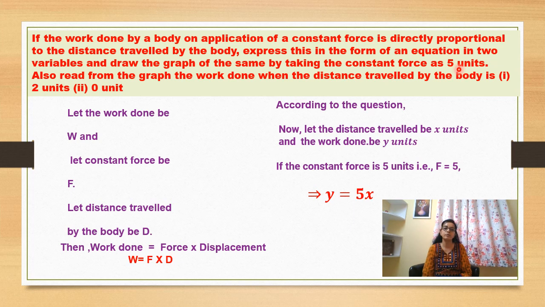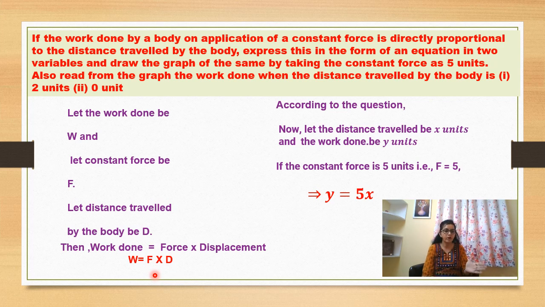Now let us move a little bit towards the science formula. What is work done? Work done is always equal to force into distance traveled, right? Work done is in a certain direction. If you travel a certain distance, then you need a force, and after applying the force, any body will come in motion. When it comes into motion, it travels a certain distance.